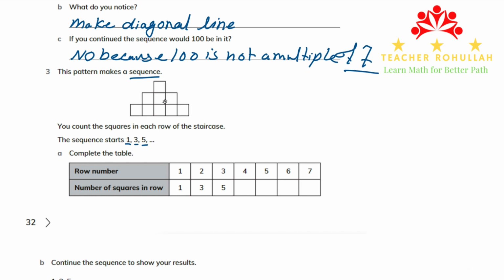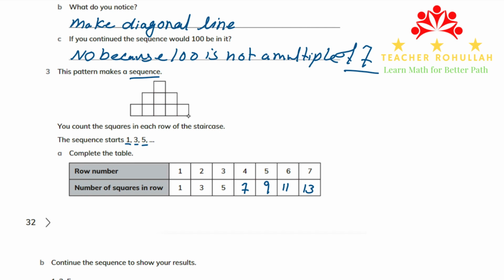Here we have 1 square, then we have 3, then 5. After 5, we will have 7. So the fourth one is 7. The fifth one is 9. The sixth one is 11. And the seventh one is 13. How can we get this?